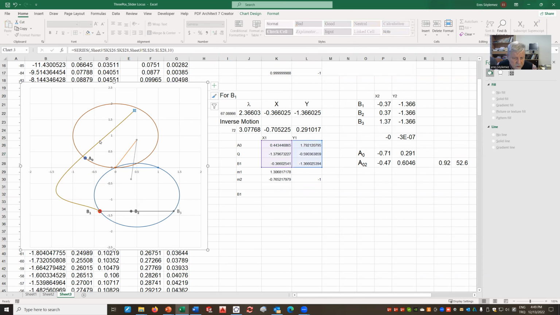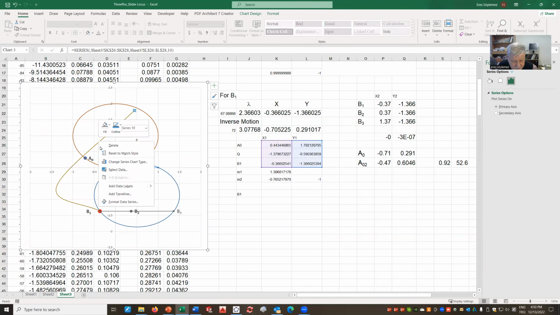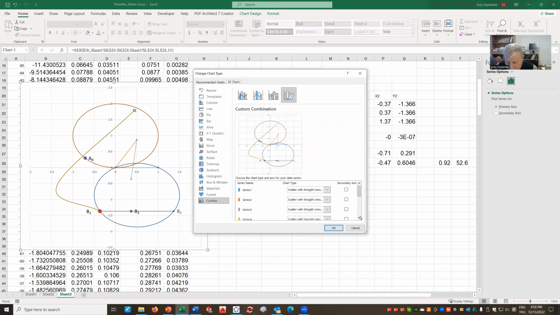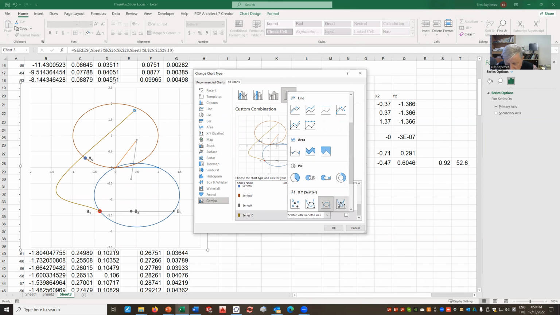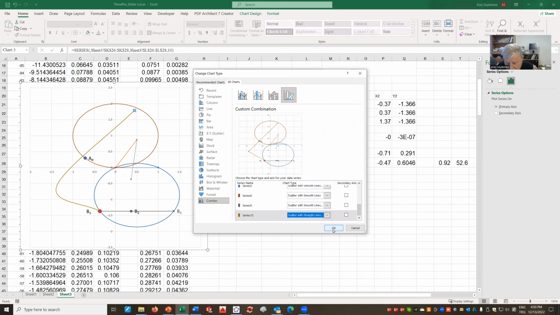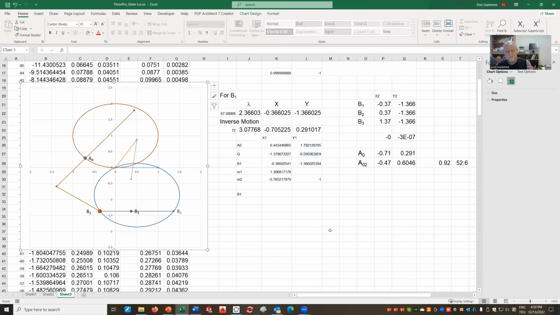I'll do one other thing. Or it looks that it doesn't pass through A0, you see. Change chart setting. Go to the last one. Make it a straight line. That's it.